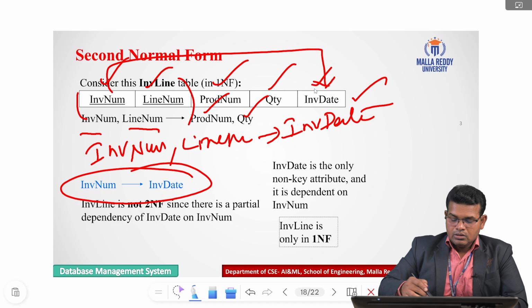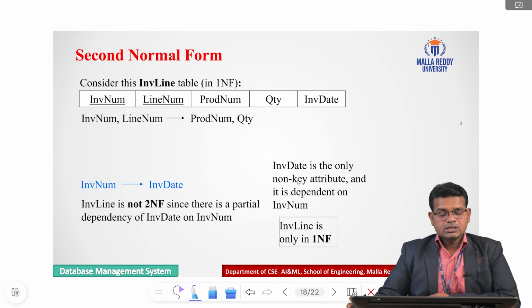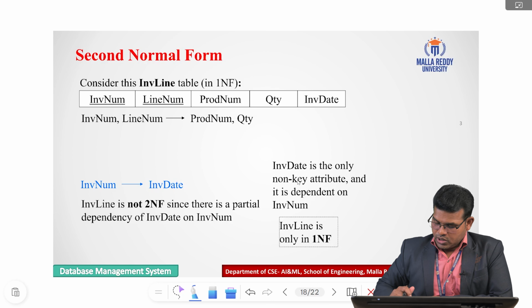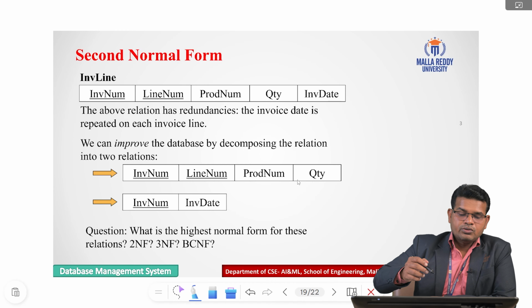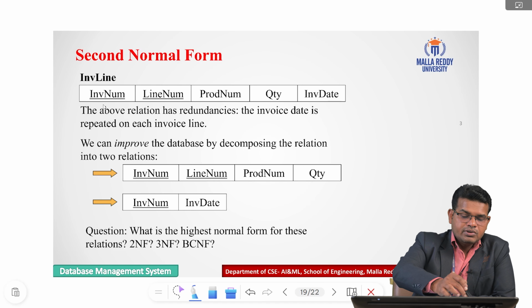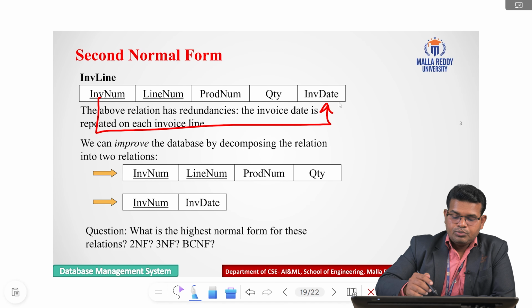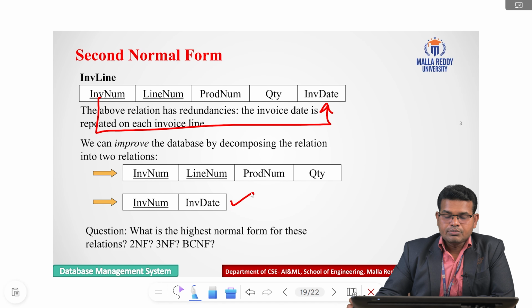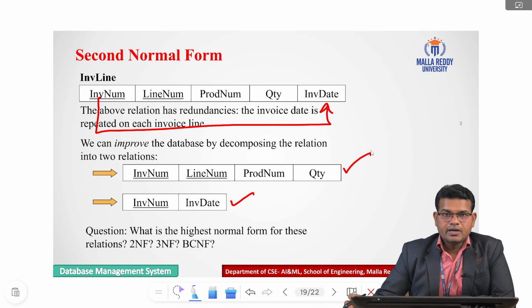In order to eliminate this, what we are going to do is convert the table into smaller tables, that is, decompose it. As inventory number separately determines inventory date, we will keep those two attributes in a separate table and all the remaining attributes in a different table.